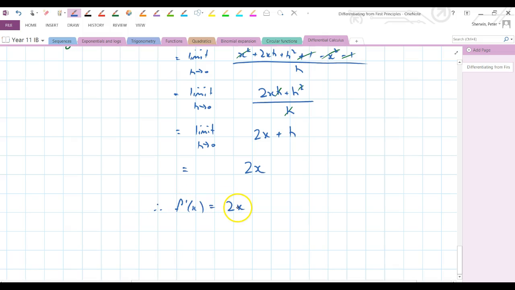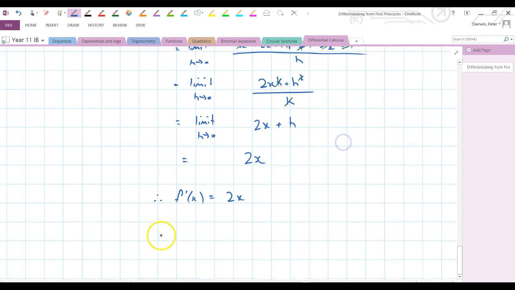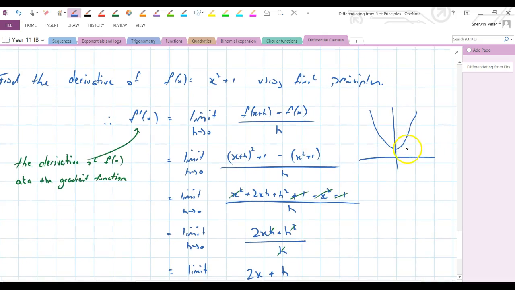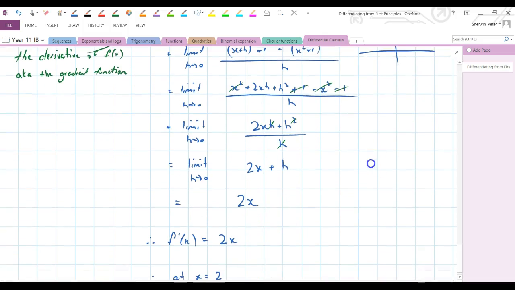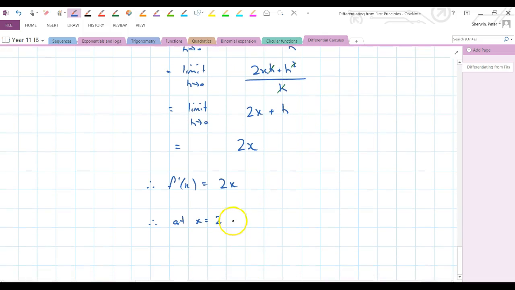That's my gradient function. So at x equals 2 on this curve, let's say that's the point there, 2, 5. At x equals 2, y equals 5.